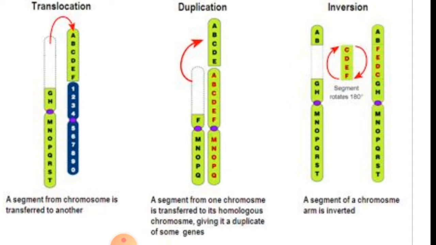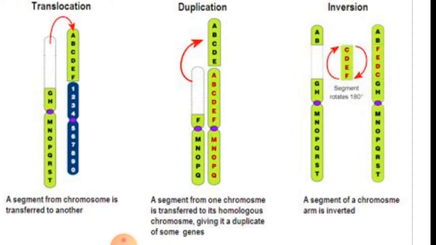Homologous chromosomes may at times exchange unequal segments during crossing over. So one chromosome suffers deletion and its other homologue acquires an additional set, as shown in the diagram on your screens. Sometimes a fragment of a chromosome separates and joins a homologous chromosome.